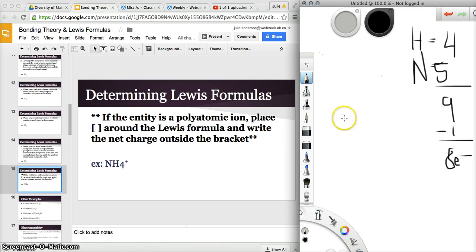So I am going to start with my nitrogen in the middle. And how do I know nitrogen is my central atom? I know nitrogen is the central atom because it has the greatest bonding capacity. It has bonding capacity for 3 spots for hydrogen to be attached to, or it has a greater bonding capacity.